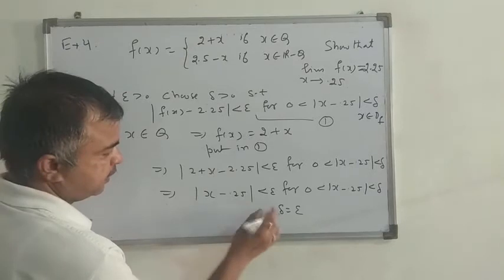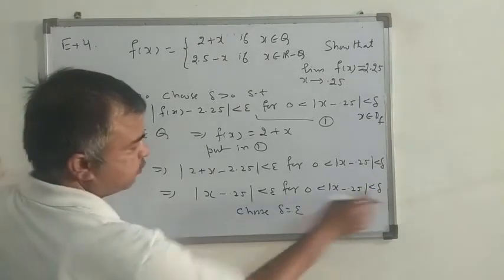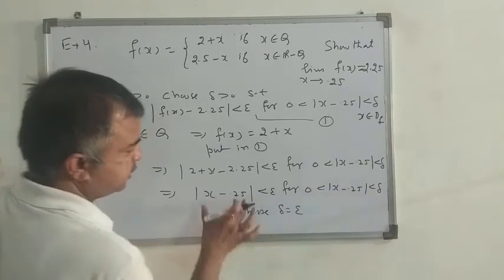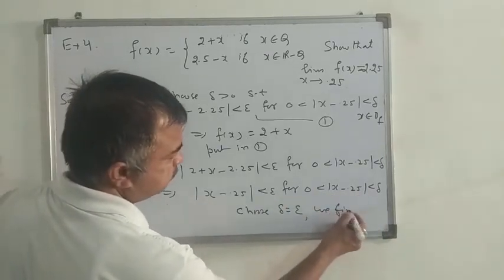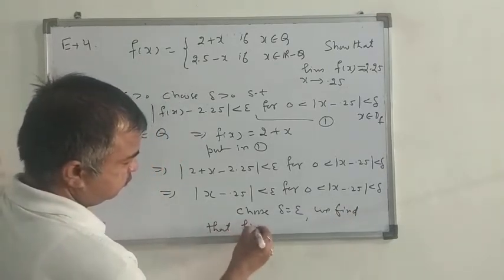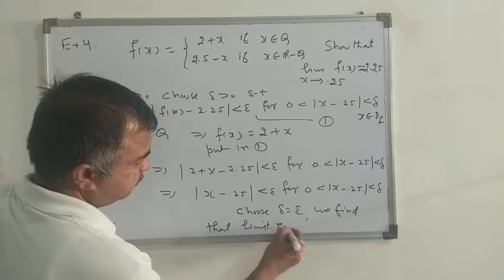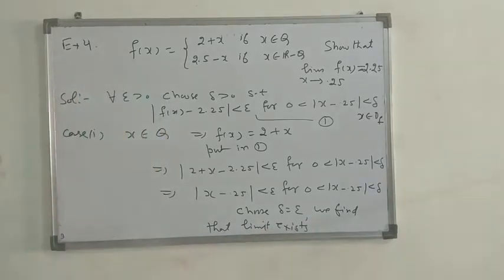Therefore choose delta equals epsilon because these two quantities are the same. We find that the limit exists. So for the case of rational numbers, this limit exists.